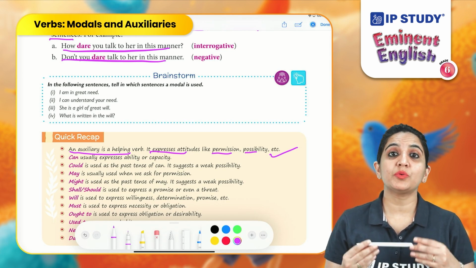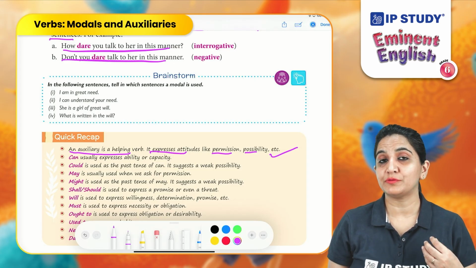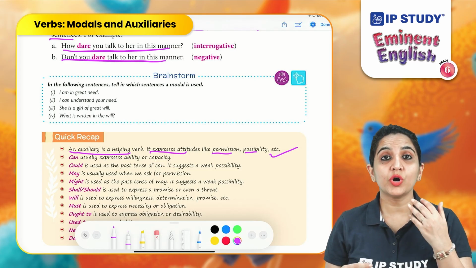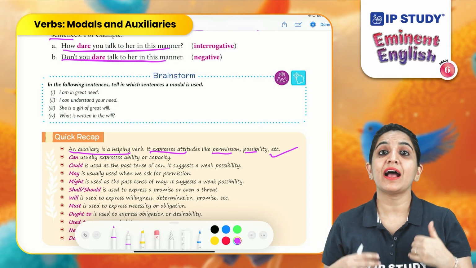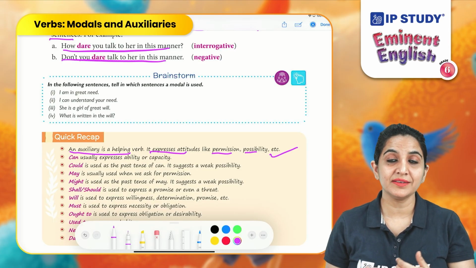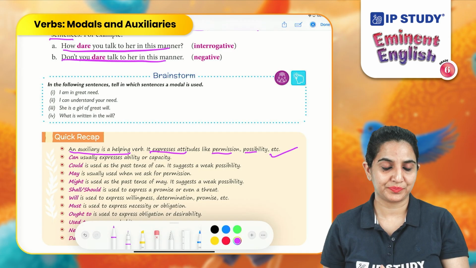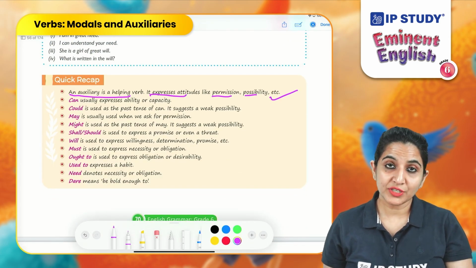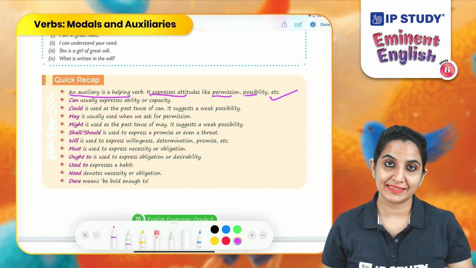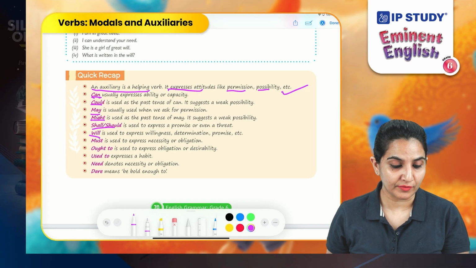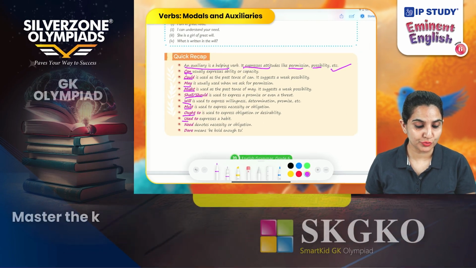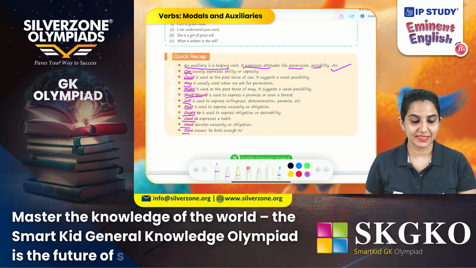We covered the function of each of these verbs, the examples, and how we can apply them in sentences in this chapter. Modal auxiliaries are those which tell us the voice and the mood in the sentence, and they are can, could, may, might, shall, should, will, must, ought to, used to, need, and dare.